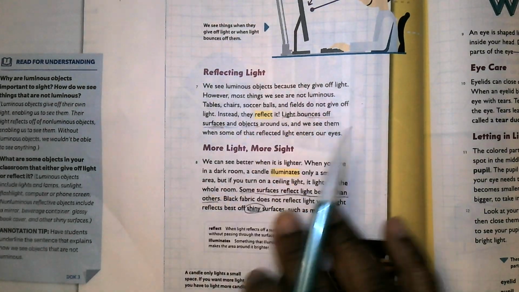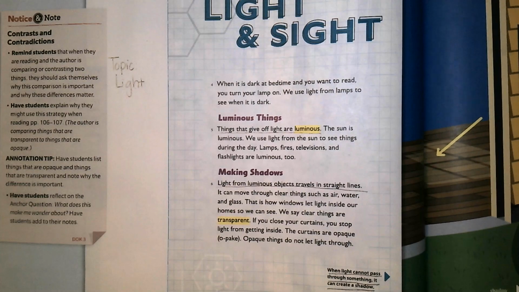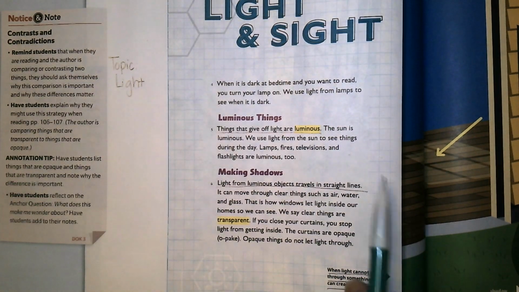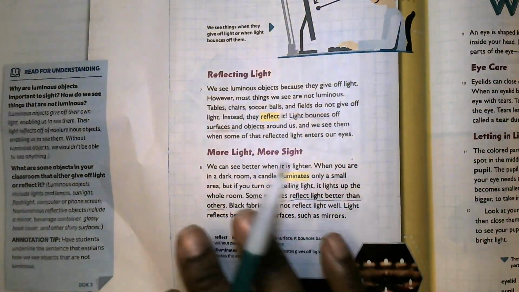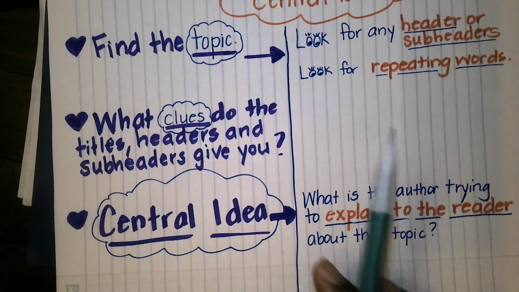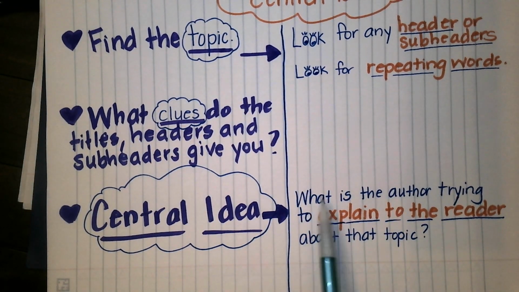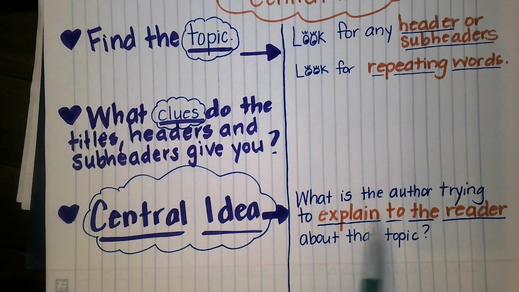So after collecting all of that information that I underline here, I'm going to revisit this question. After finding that, what is it that the author is trying to explain to me, the reader, about light?